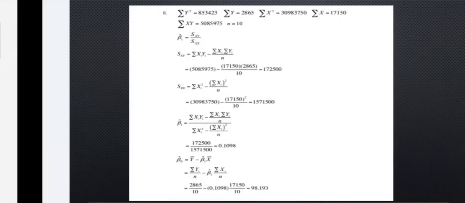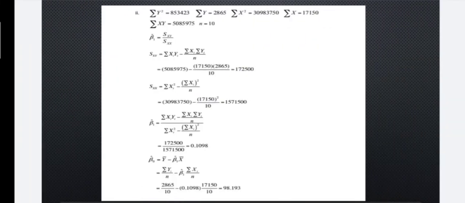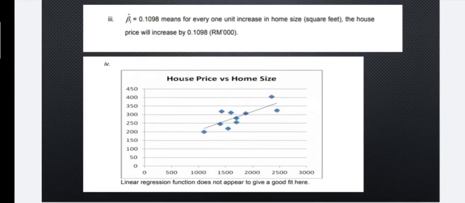So how you interpret the value of 0.1098? So it should be for every 1 unit increase in square feet ataupun for every 1 square feet, for every 1 unit increase in square feet, the house price will increase.